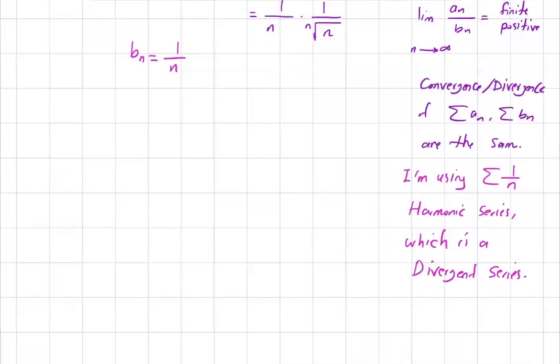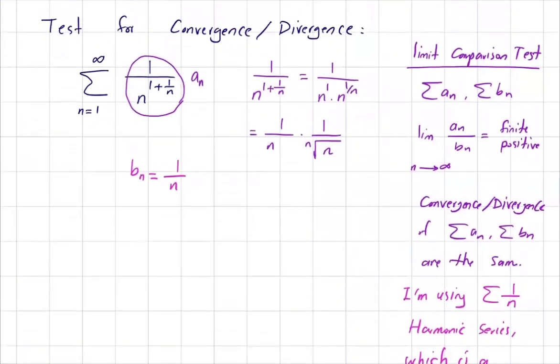Why are you doing this? Because of the nth root of n. Because the limit of the nth root of n as n goes to infinity is equal to 1. That's the reason. So take a look. I broke an down into 1 over n times 1 over the nth root of n.